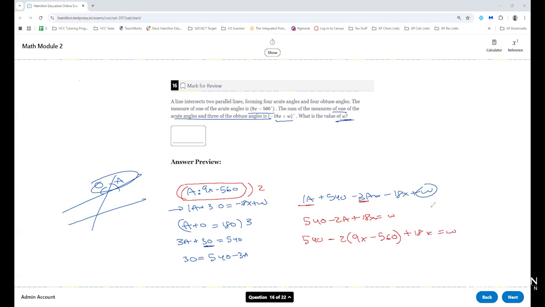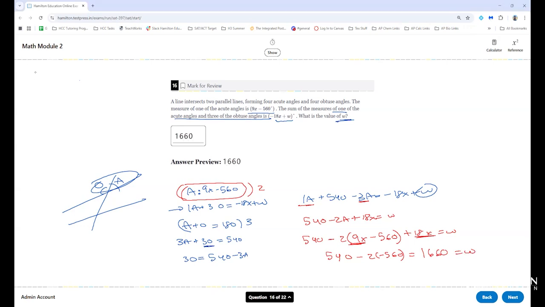And now we see something beautiful happen. The 18x here and the 18x here will cancel. So that's very important. So now we can just finish up the problem. 540 minus 2 times negative 560, which adds up to a grand total of 1,660 is the correct answer.